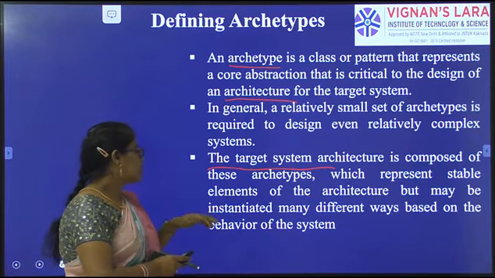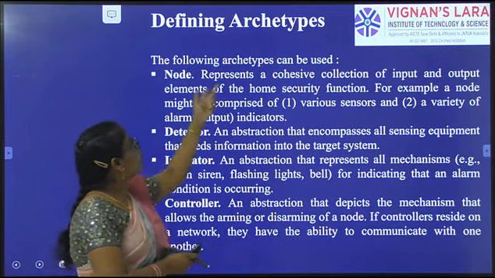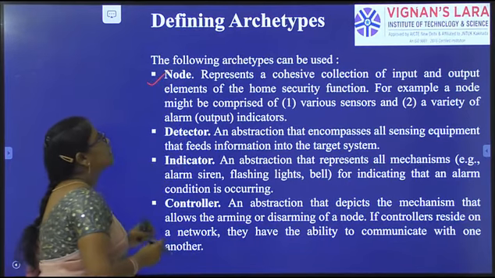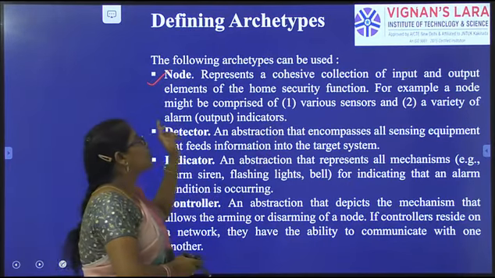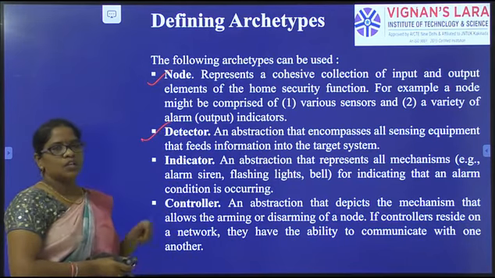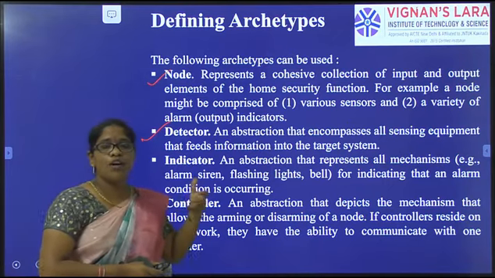What are those? Let us see. So the following archetypes can be used. First one is the node. So what is a node? Node is nothing but a collection of input and output. And next one is a detector. So what is a detector? It is nothing but sensing of all equipment.